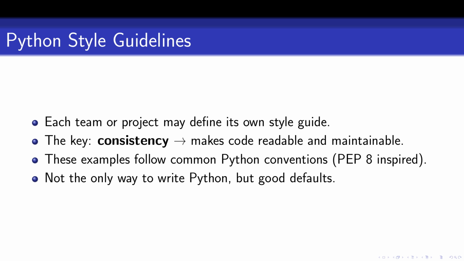The examples we've been looking at include guidelines for whitespace, naming conventions, and how to format strings and operators. By adopting a standard style early in your programming journey, you'll build habits that will make your code clear to others and easier to extend later. Think of it as good communication, not just with the computer, but with other people who may read or work on your code.